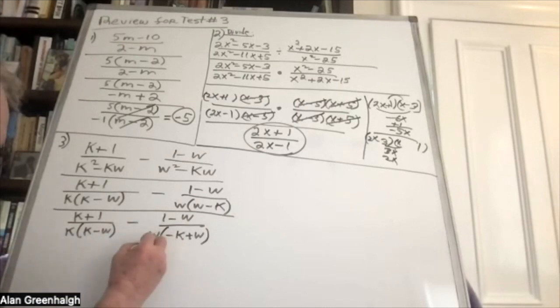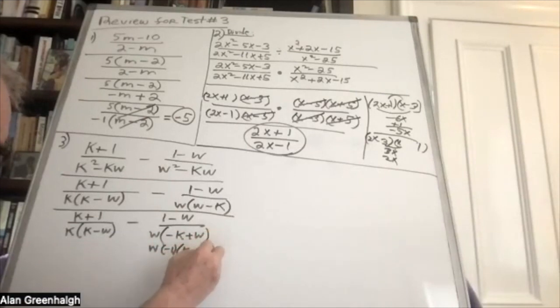So that would become W, take out the -1, and you're left with K minus W.